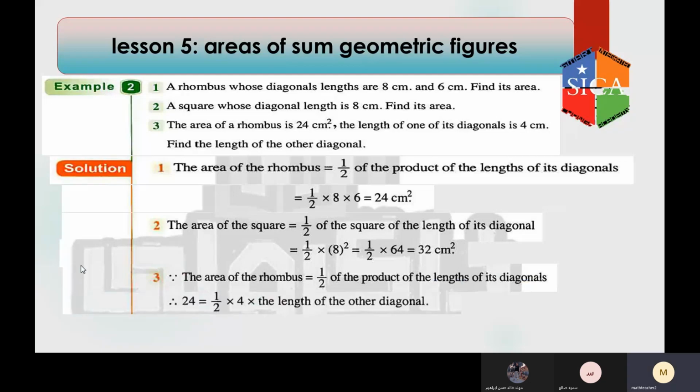Then 24 equals half times 4 times the length of the other diagonal. Then the length of the other diagonal will equal 24 divided by half times 4, which is 2. 24 divided by 2 equals 12. Or 24 times 2 divided by 4 equals 12. This is the length of the other diagonal.